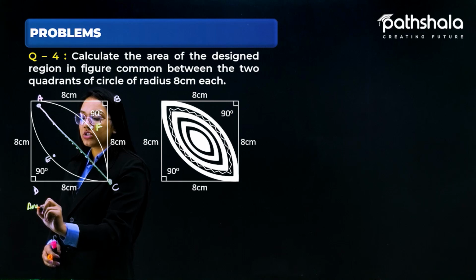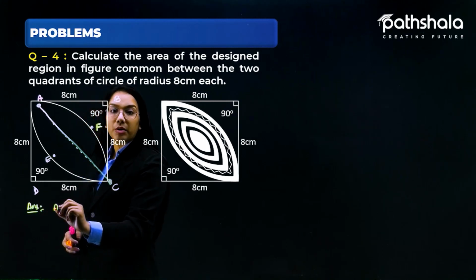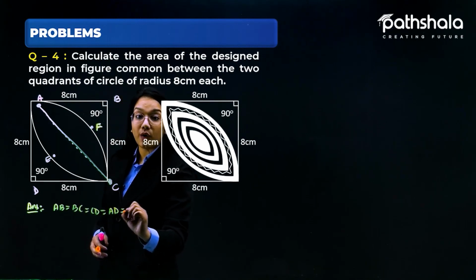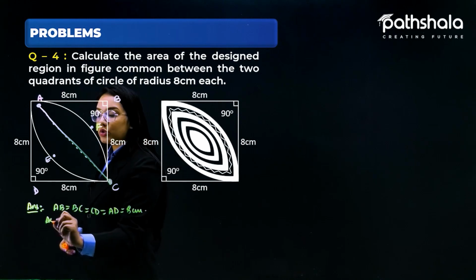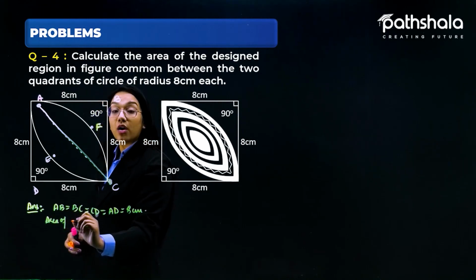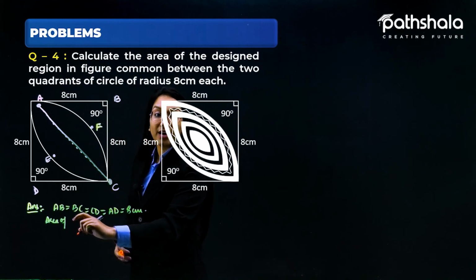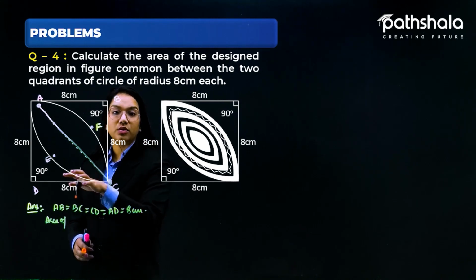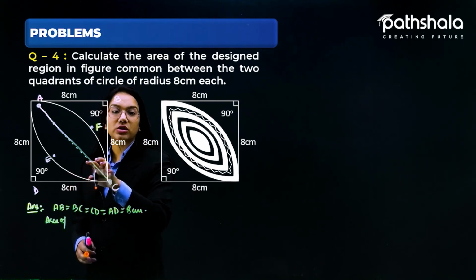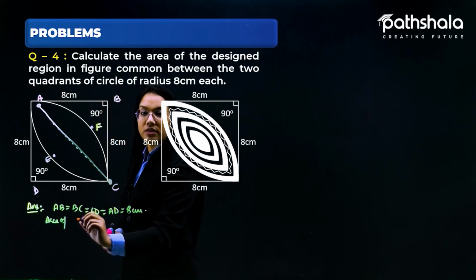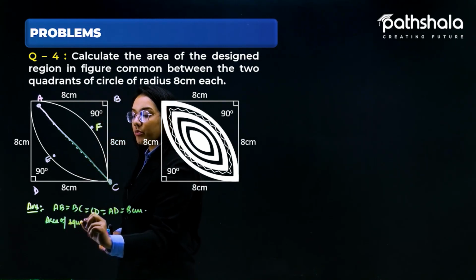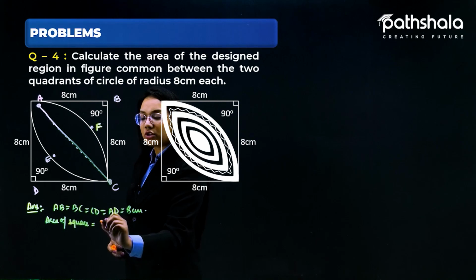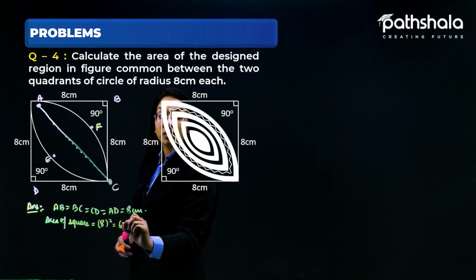So the answer: since we know that AB is equal to BC, which is equal to CD, which is equal to AD, and all of them are 8 centimeter, the area of the square is 8 squared, which is equal to 64.